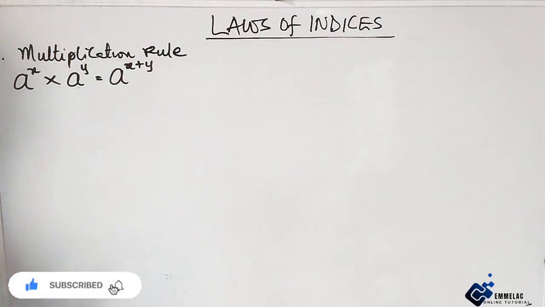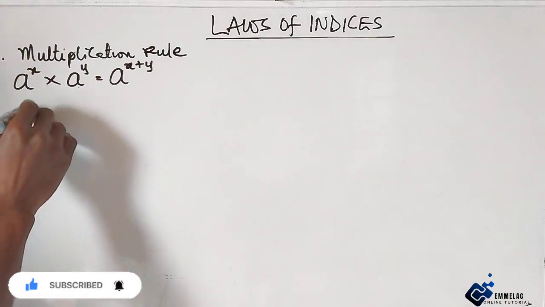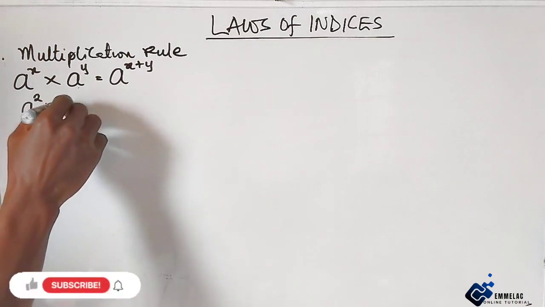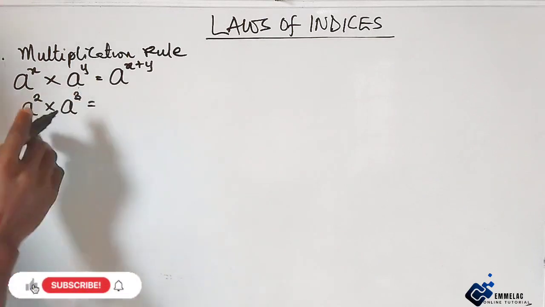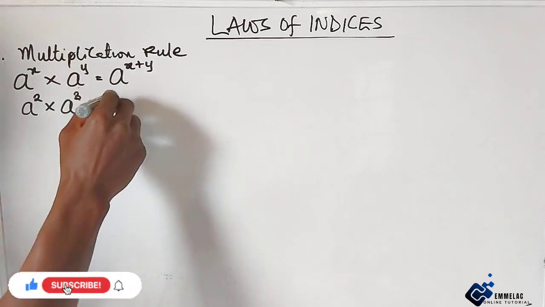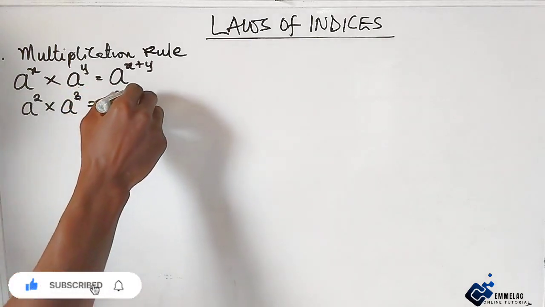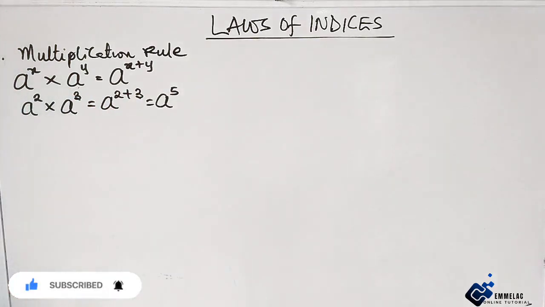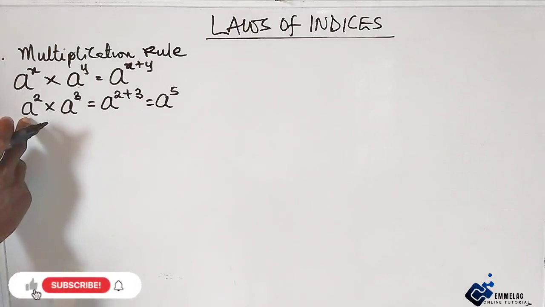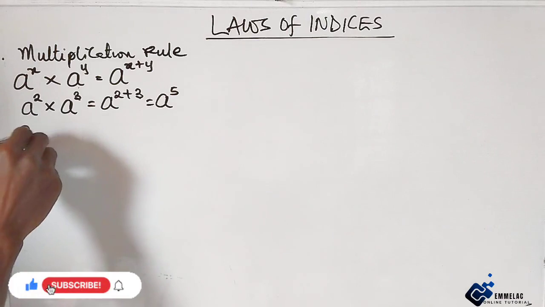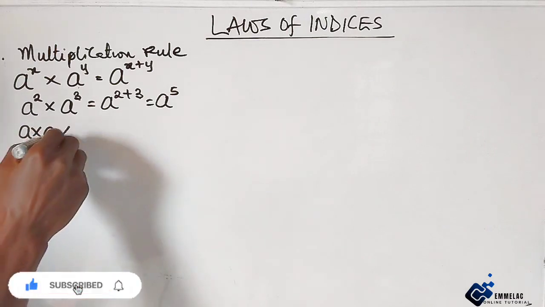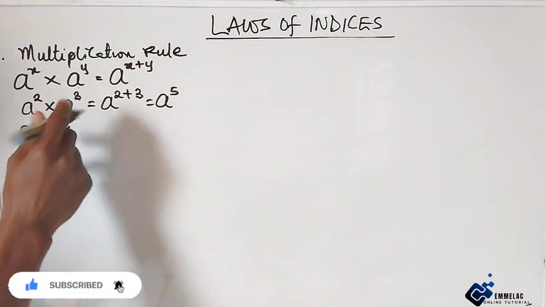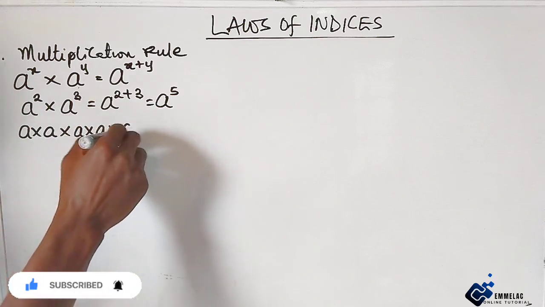So the powers are being summed up. For instance, let us say a raised to the power of 2 times a raised to the power of 3. Since you have the same base, you have a raised to the power of 2 plus 3, which gives us a raised to the power of 5. For a more simplified explanation, in expanded form, a raised to the power of 2 means a times a, and a raised to the power of 3 means a times a times a.